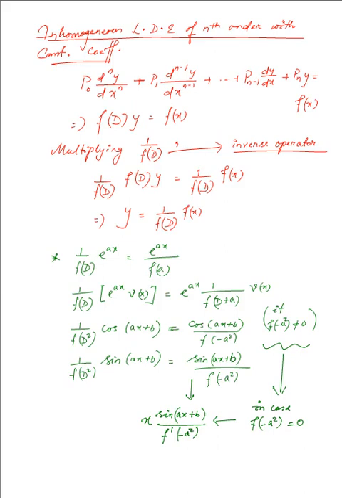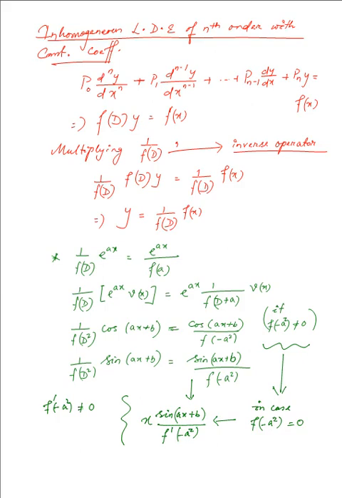And in this case, obviously we have taken f dash of minus a squared is not equal to 0. In case that goes to 0, again we will consider x squared sine (ax plus b) whole divided by f double primed of minus a squared, and it continues so on.